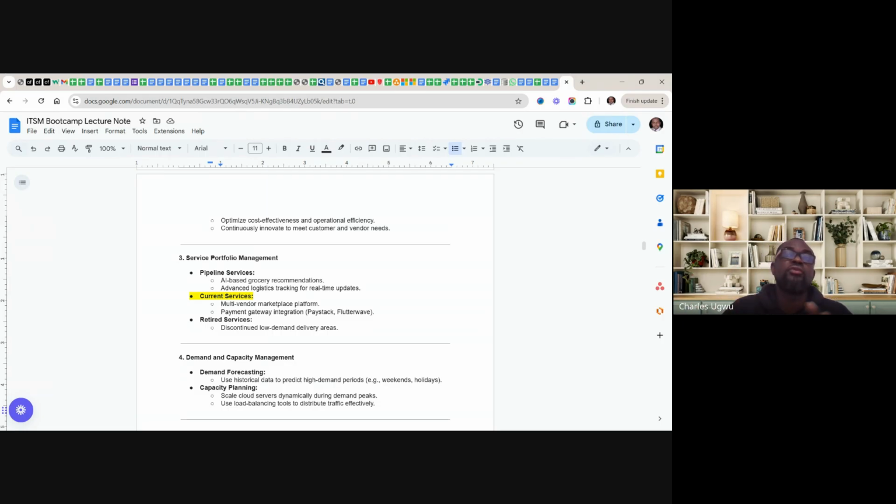Once you have a good capture of your current service, then you can start planning for the future, which is the pipeline. Then you can create a 10-year roadmap, of what you are going to do in 10 years in your IT environment.